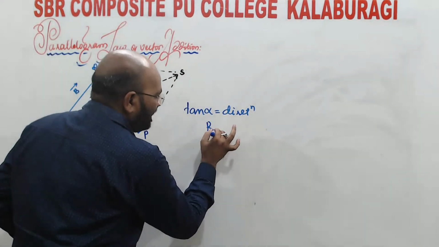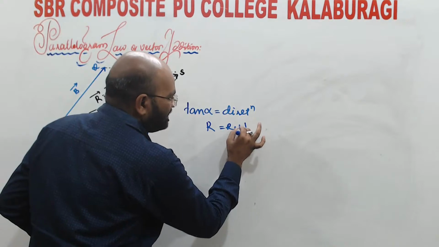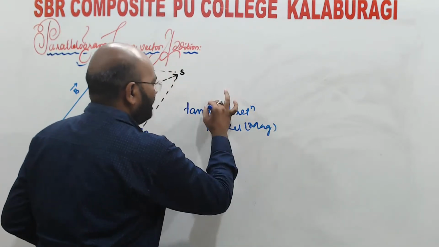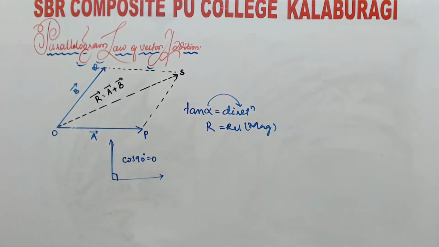Where R gives you the resultant, which denotes the magnitude, and this alpha denotes the direction.